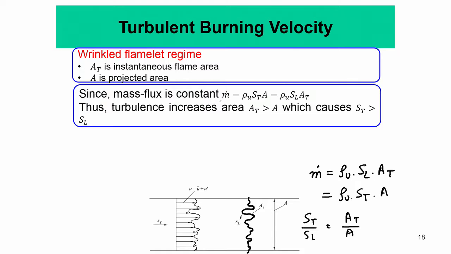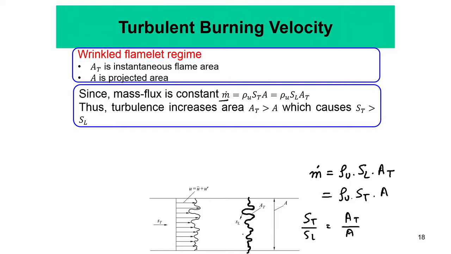So once again, to clarify, this m dot is the rate at which the mass is being consumed over the entire wrinkled flame surface.